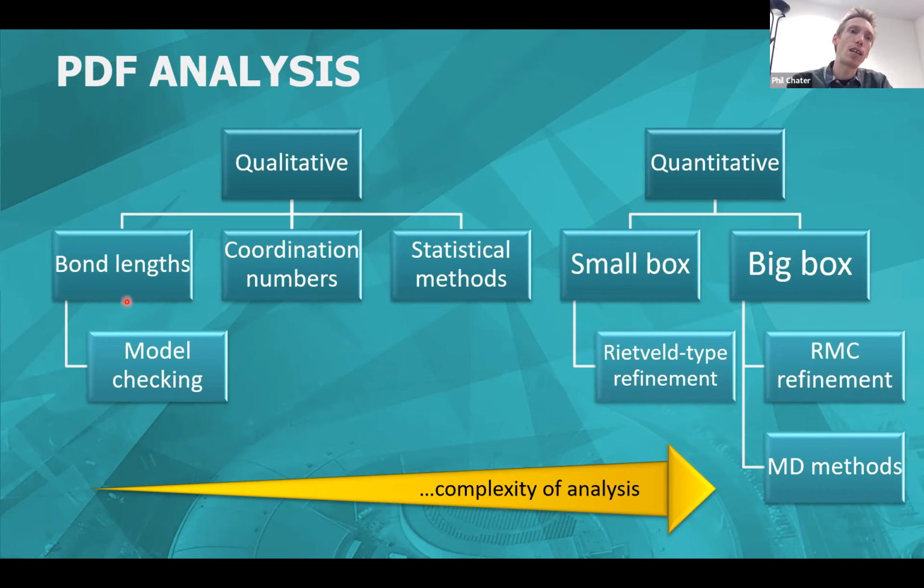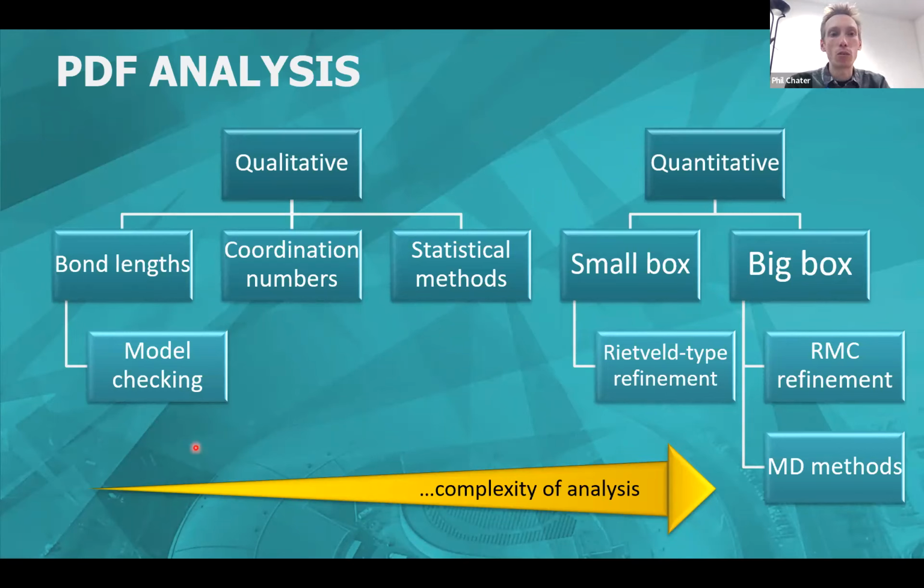And that gives us a very easy way into model checking. And by that, I mean, if you have a model of a system, be it from a CIF file or from a DFT calculation, you can calculate the PDF very easily and compare your bond lengths, compare the PDF in total. And it's a fully quantitative data set.